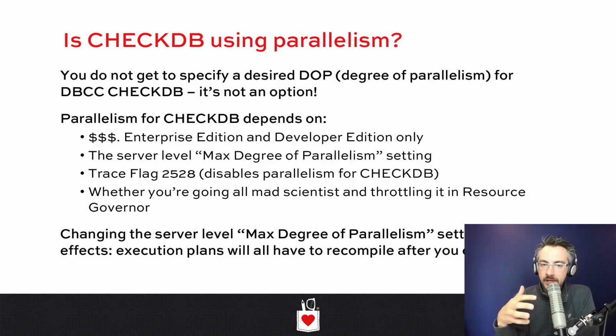Not all sp_configure changes do that, but changing the max degree of parallelism does. In something like a data warehouse environment, you may not care because your plan cache isn't that useful day to day. But if you're on a mission-critical OLTP server, it does matter.